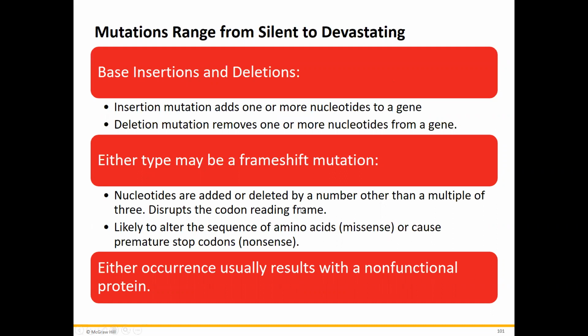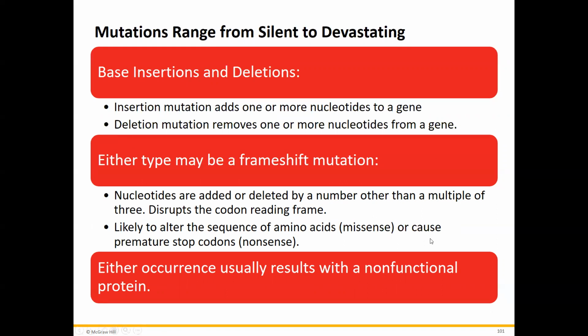But the point is if you add by a number other than a multiple of 3, if you added 1, if you added 2, if you added 4, if you add 5, it will disrupt the codon reading frame, like I just showed you. So the sequence of amino acids will get altered.